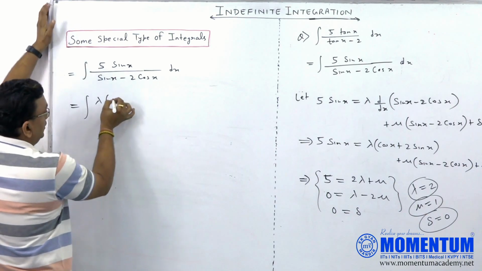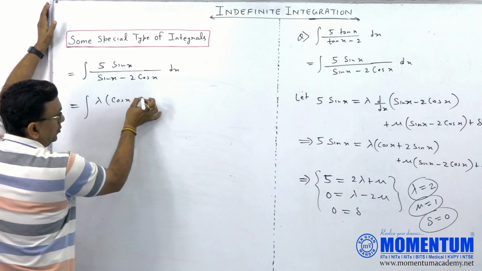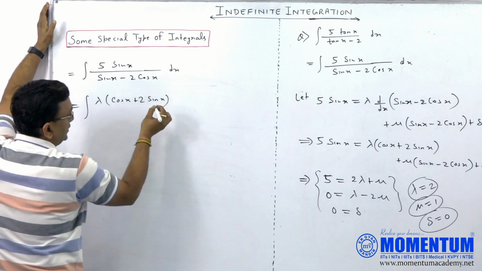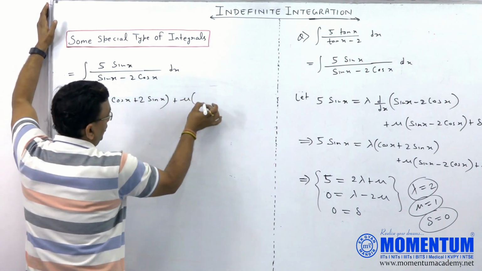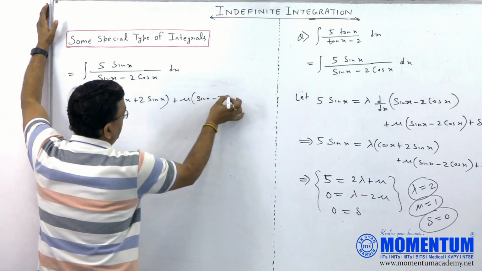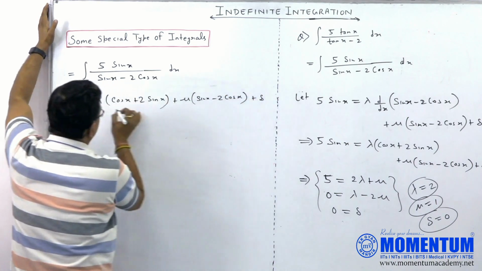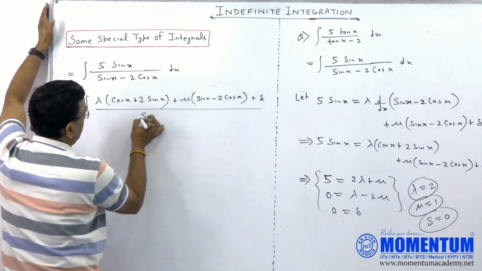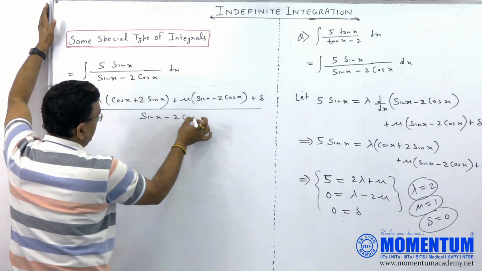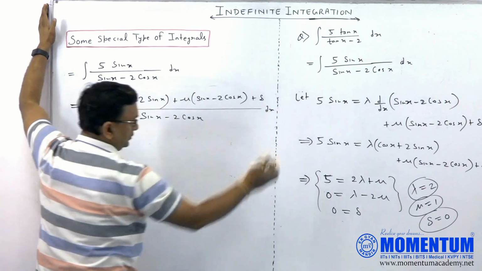In place of numerator, we write lambda times cos plus 2 sin x plus mu times sin minus 2 cos x plus delta, all divided by sin x minus 2 cos x.